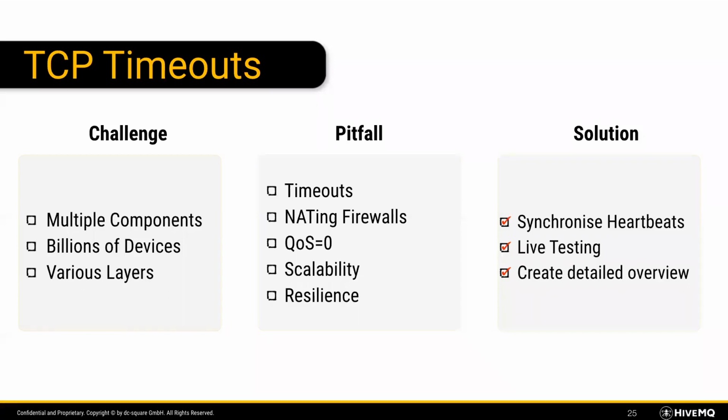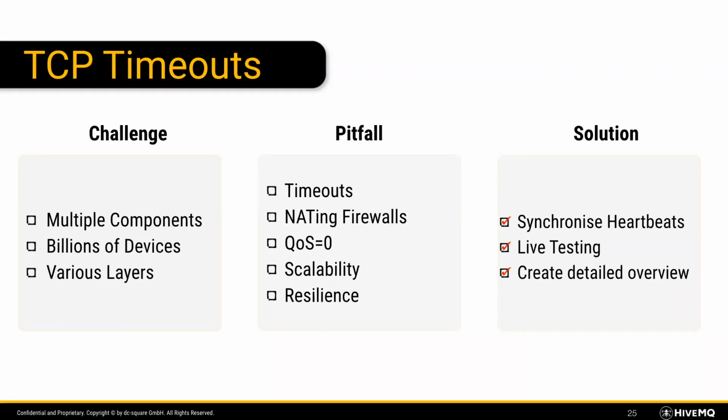And one of the more prominent challenges that I have seen time and time again lead to unexpected behavior and hard to debug errors are TCP timeouts. So what are the challenges here in the IoT space? We have multiple components involved, right? So between the car and the load balancer and the broker, there's many more components.